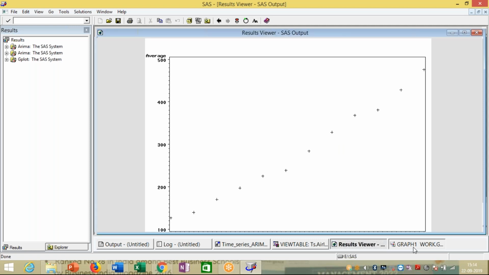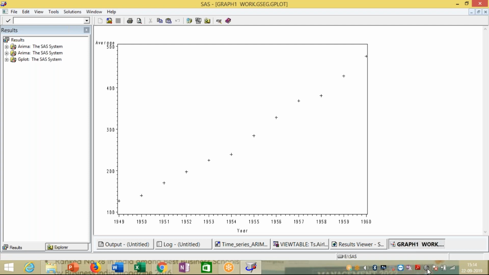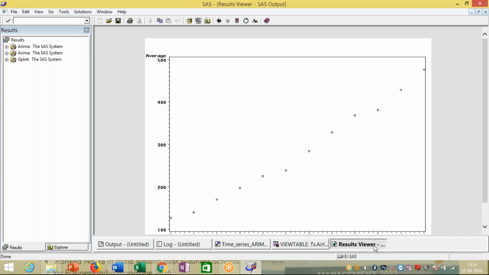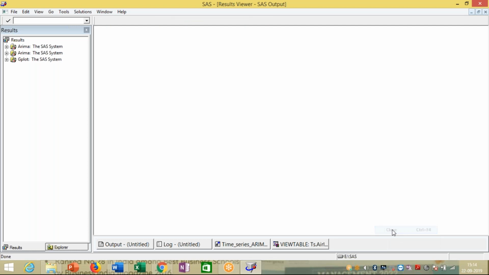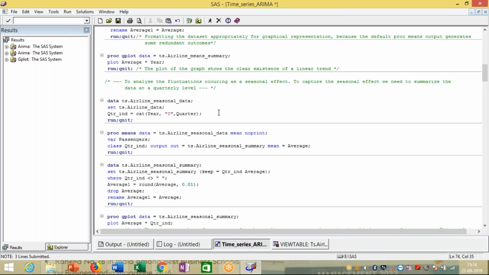So this mean is linear and positively sloped, showing that there are certain trend elements involved in this mean. One thing that we can clearly see over here is that there is a linear trend.